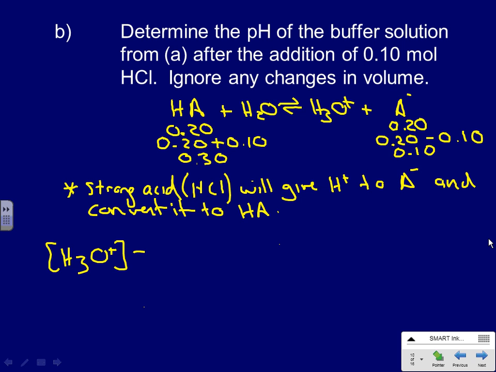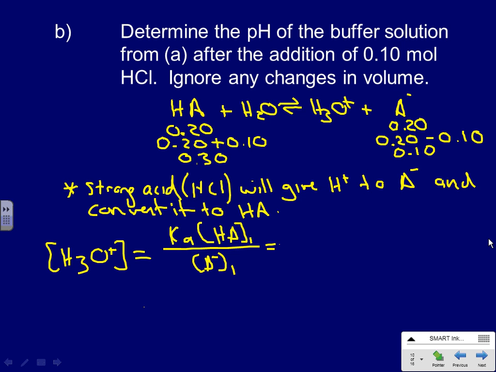H3O plus. We've already determined that this is an acid buffer. Ka, HA initial over A minus initial. These are the initial concentrations before the equilibrium gets established. These concentrations were there, but then the HCl messed everything up, and now I've got new initial concentrations.